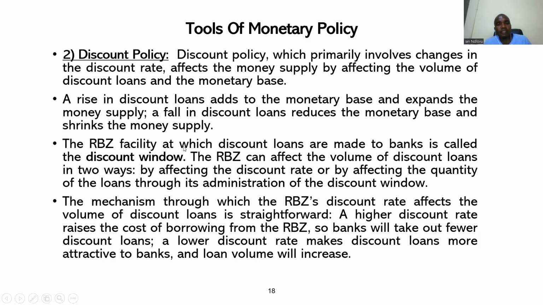So the RBZ facility at which discount loans are made available to banks is called the discount window. The RBZ can affect the volume of discount loans in two ways: by affecting the discount rate or by affecting the quantity of loans through its administration of the discount window. So if the quantity of loans is reduced, the rate automatically increases, and vice versa.